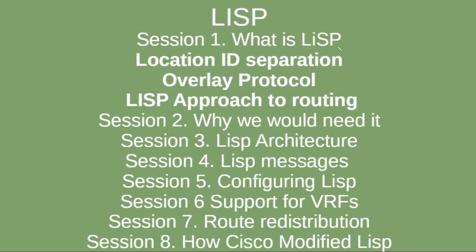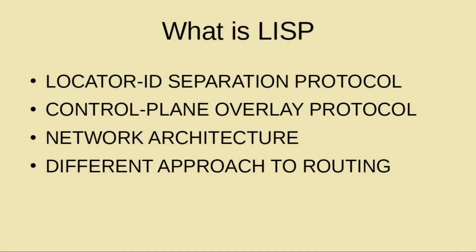In this session, we will see what is LISP, the separation between location and ID, LISP as an overlay protocol, and LISP approach to routing. Okay, how could we define what is LISP? Well, first of all, it stands for Locator ID Separation Protocol.